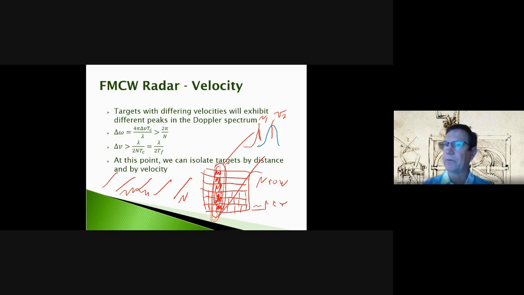So we do that through another Fourier transform, but now it's this Fourier transform in the other dimension. It's almost like a two-dimensional Fourier transform, but really we're doing these rows in real time in succession. And then once we have a frame of these, we can do this velocity calculation where we separate out the targets in velocity in this Doppler spectrum, right?